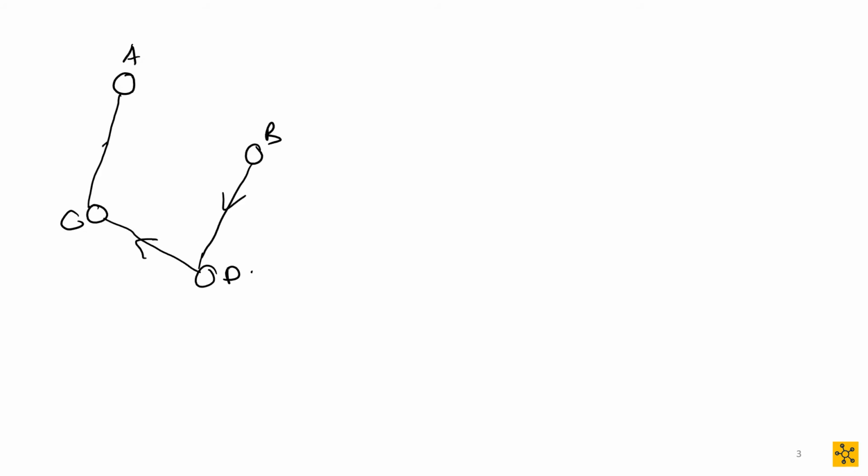Okay, we're going to do another example. Let's go with A, B, C, and D. That's not how I'm drawing the nodes, so let's be careful there. So I have that, and that, and that. Okay, so there is my digraph.